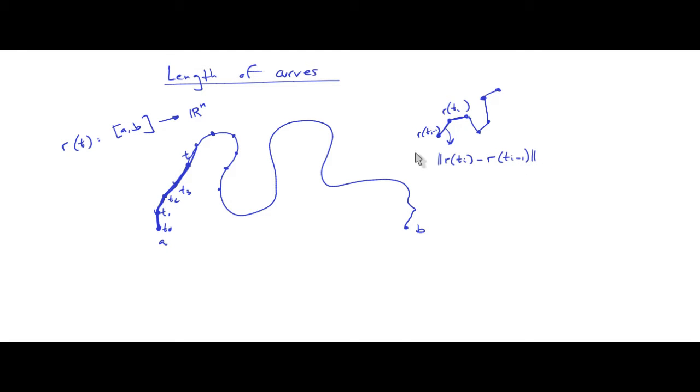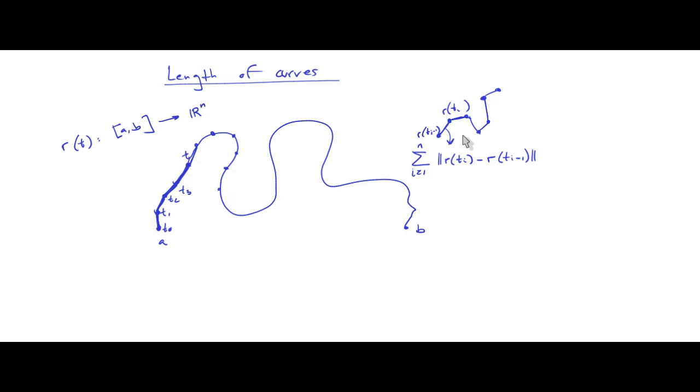So we can sum this from i equals 1 to n, and we get an approximation of this length. Now when we refine the partition using our regular scheme, we get better and better approximations until in the limit we get the actual length of the original curve.